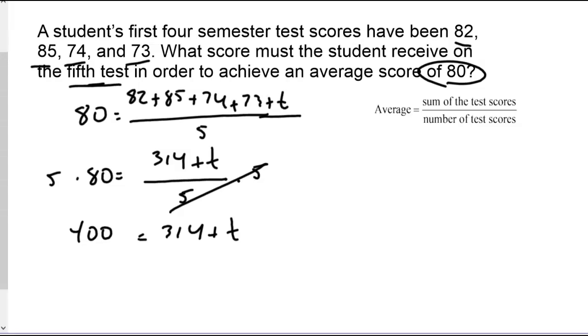And so the operation with our variable to isolate that, it's a plus right now, so we want to do the opposite operation, which means we have to subtract.